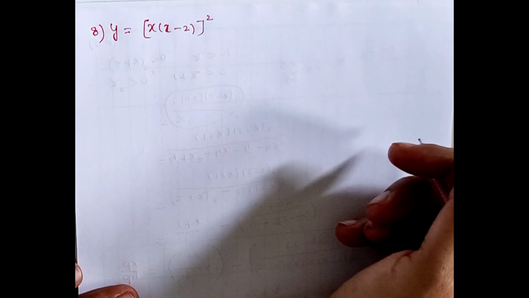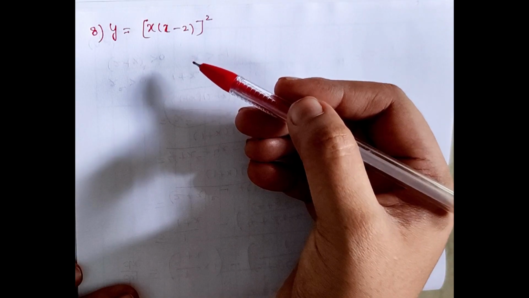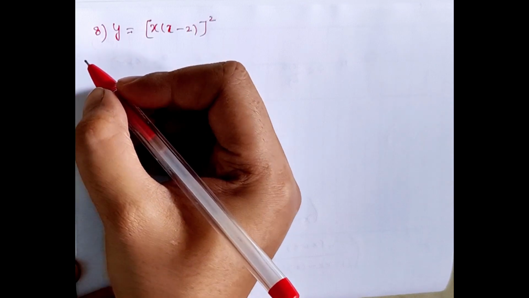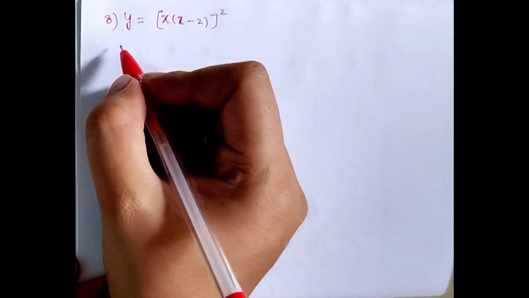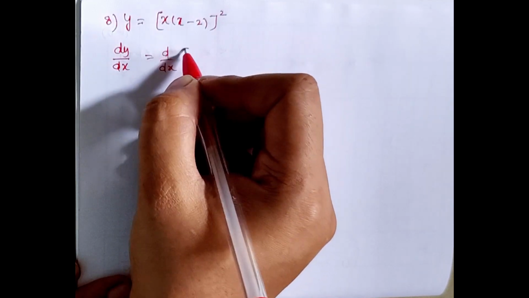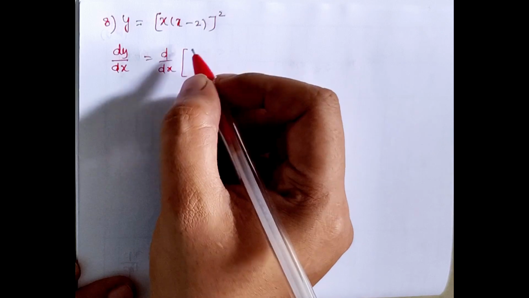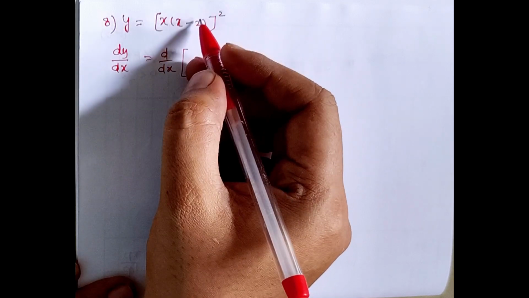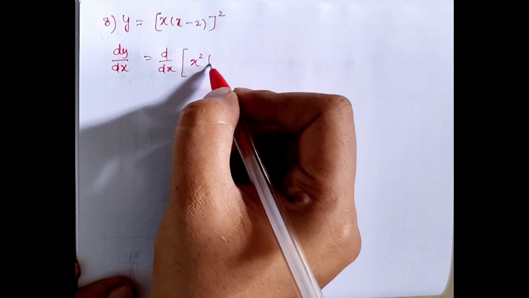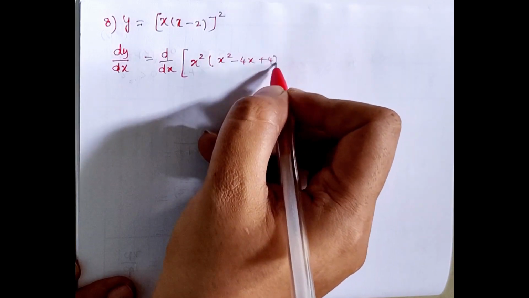Question number 8, we need to find the values of x for which the given function is an increasing function. Okay, as usual, we'll find the derivative. So dy by dx equal to d by dx of, we'll simplify here. So this will be x square, this will be (x minus 2) the whole square. So when you multiply inside, after expanding this as a whole square, x square into (x square minus 4x plus 4).